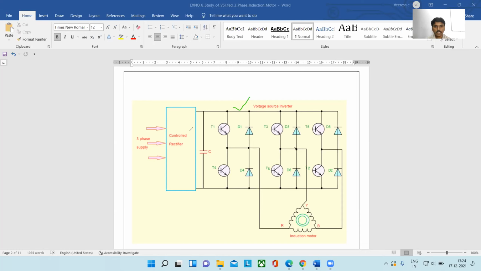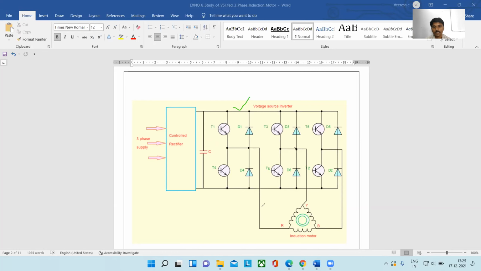This is the internal circuit diagram, and this DC is given to the three-phase bridge inverter. And we are using one capacitor across the DC link for removing any ripples in the DC voltage, and it will make a constant DC voltage. This constant DC voltage is given to the three-phase bridge inverter, and this inverter will generate the three-phase AC.